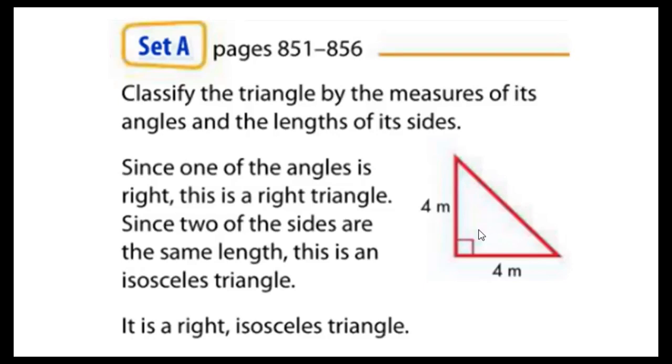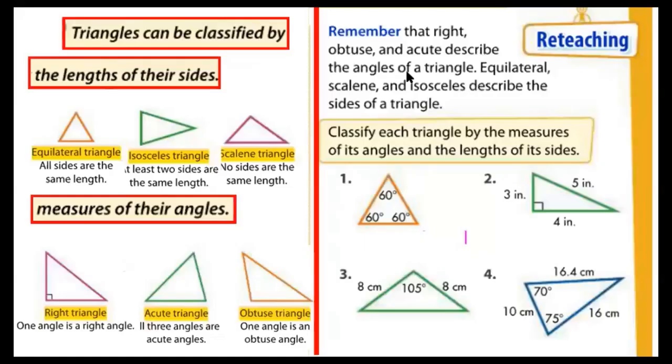So let's see the first questions here. You will find on the left-hand side the conclusion of the categories of triangles according to sides or according to angles, to help you determine and answer the following questions.